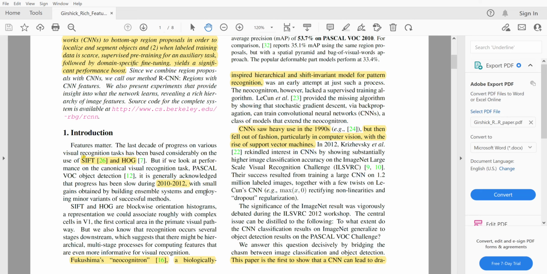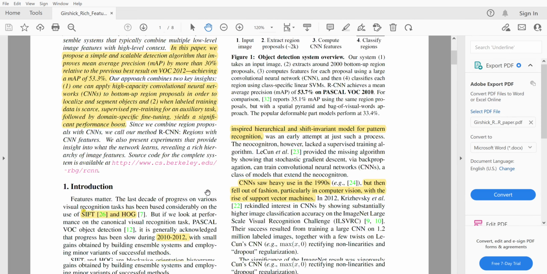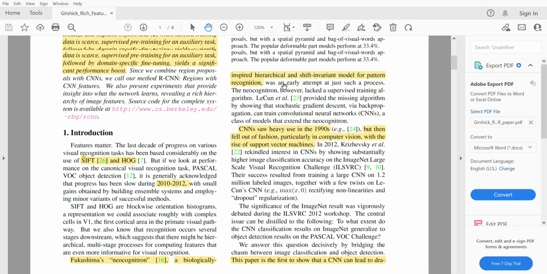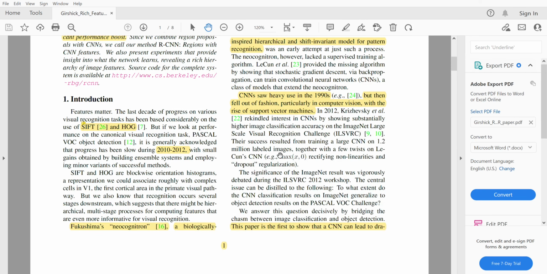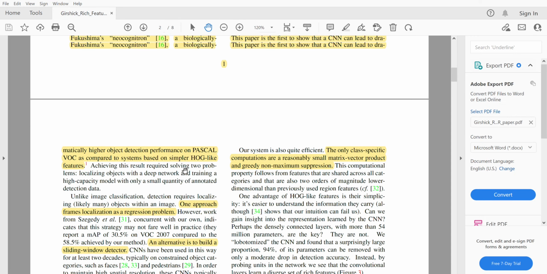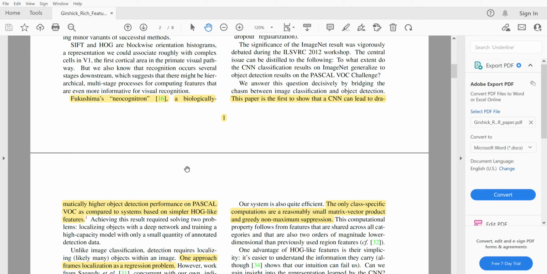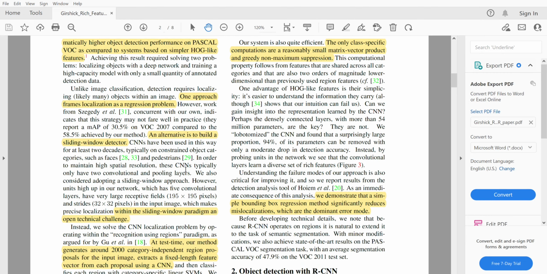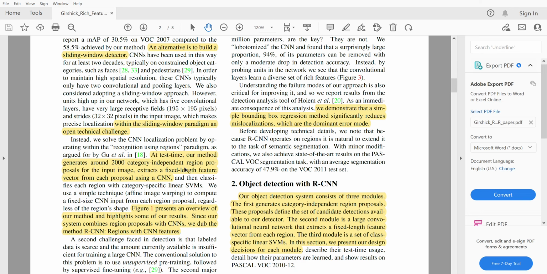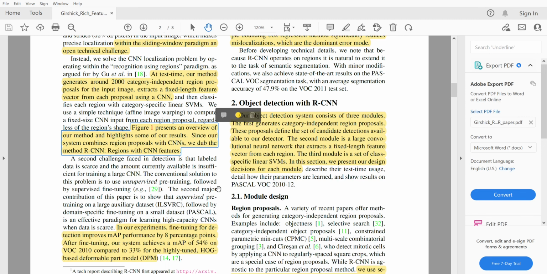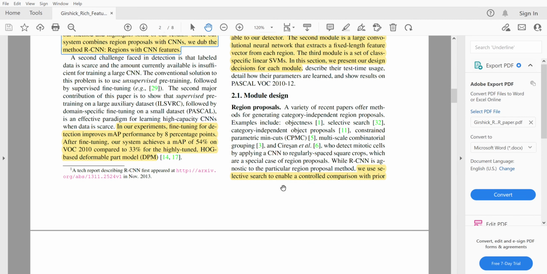And this part, from here to here, tells about the history of the approach and the history of the convolutional neural network, how the approach developed over time. And then over here they display all the approach of their work.